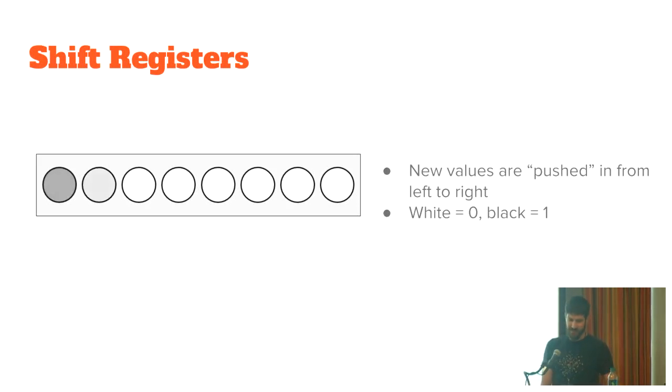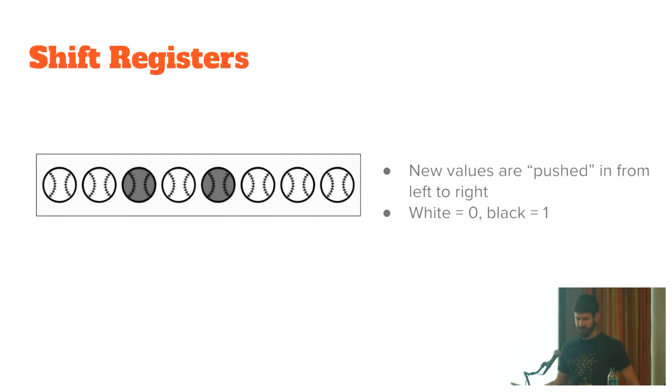As you push values in, it shifts. The reason they're called shift registers is that the values are shifted over as you add new values into the register. So if you wanted to light up the rightmost circle here, you'd continue pushing in until that value was over where you wanted it. And then I had to add baseballs because it's baseball talk.